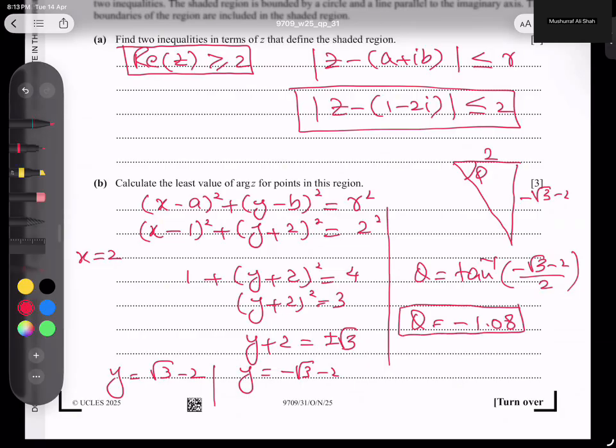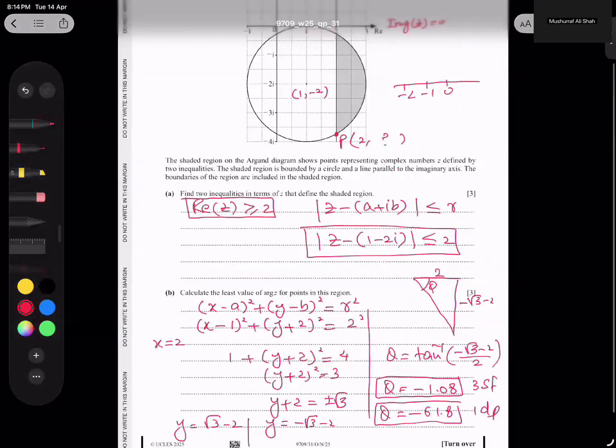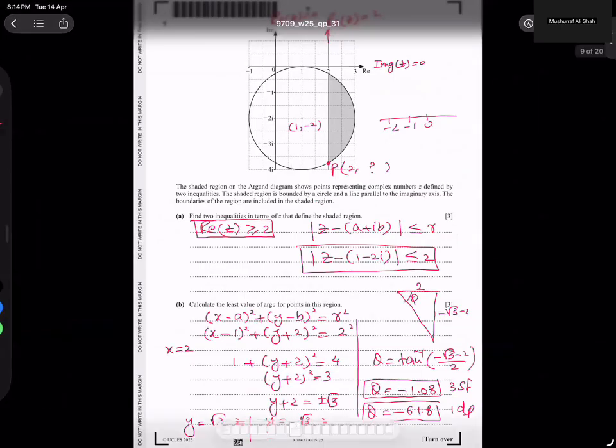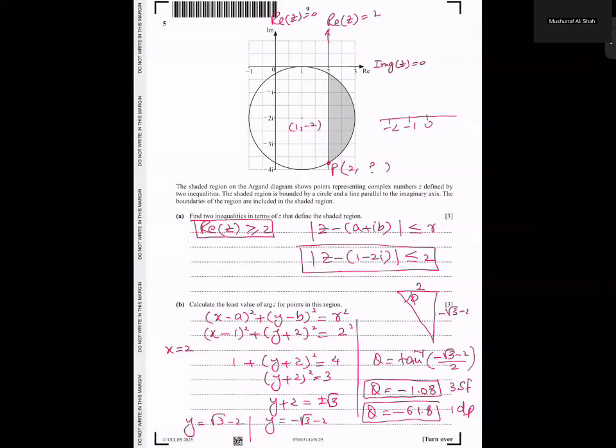Radian is always 3 SF and degree always 1 dp. That's a rule we have. In degree mode, if I convert in the calculator, negative 61.8 is 1 dp. I hope the point is very clear. This part was a little tricky, especially the part below, and we have done it. Alhamdulillah Rabbil Alameen. The concept is very clear.